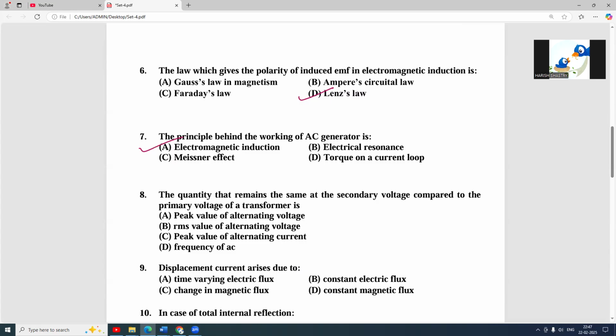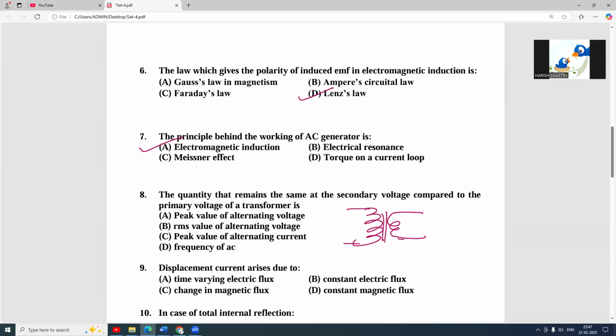The quantity that remains the same at the secondary compared to the primary of a transformer. So in a transformer, if you have primary and secondary coils, an increase in the output voltage is a step-up transformer, and a decrease in the output voltage is a step-down transformer.